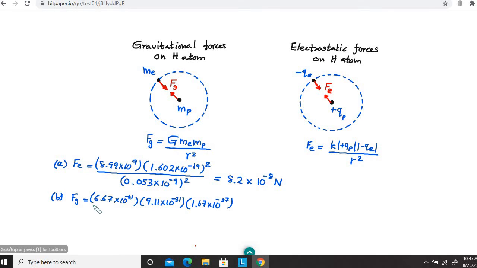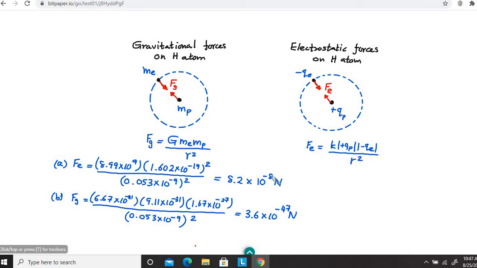And then again I have to divide by the separation between the two particles, which is again 0.053 times 10 to the power minus 9 and squared. And then this value, you are going to see that's going to be 3.6 times 10 to the power minus 47 newtons.